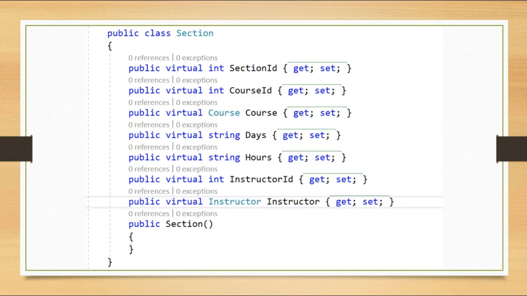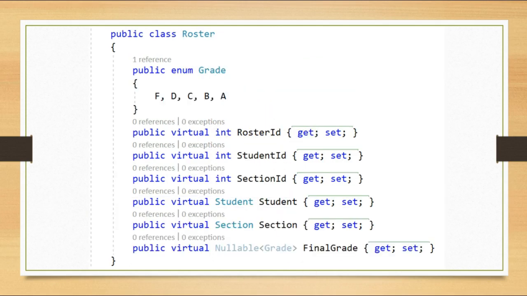A section is an instance of a course, meaning that this course is offered on this day at these hours by this instructor. So a course can have multiple sections. So notice we have a reference to our course object here, as well as a course ID.